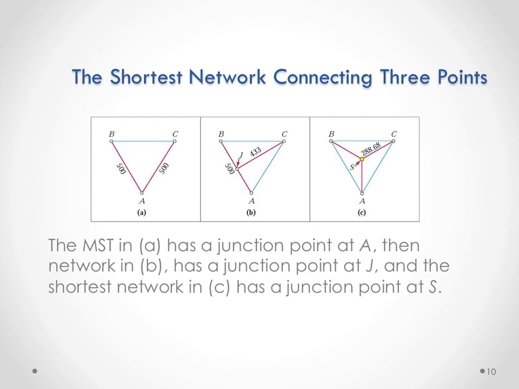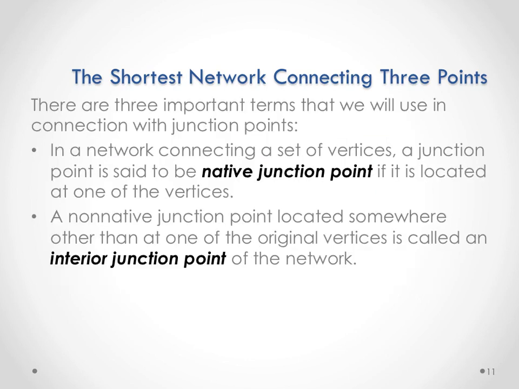So A has 3 junction points. B actually has 4 junction points because we included J. And then C has 4 junction points, A, B, C, and S. So we need to take a look at the types of junction points here.